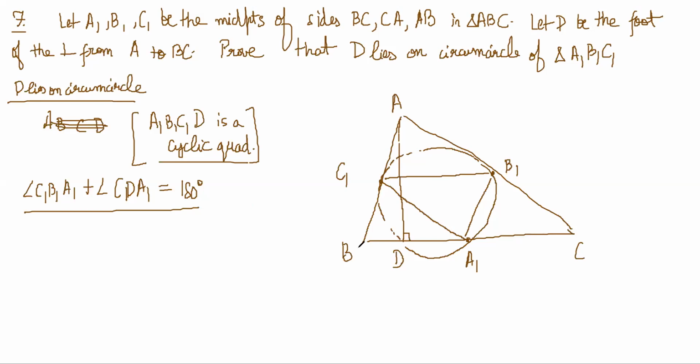So angle C1B1A1 should be equal to angle A1C1B1. If this is theta, then this should be theta, parallel lines. So this angle is equal to B, no?